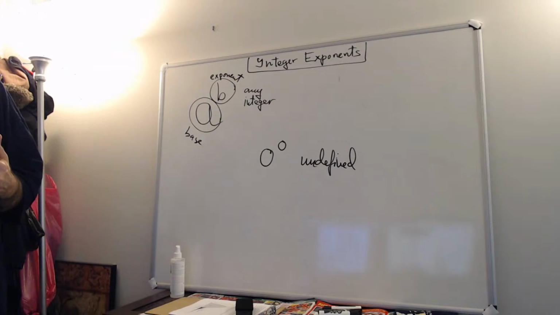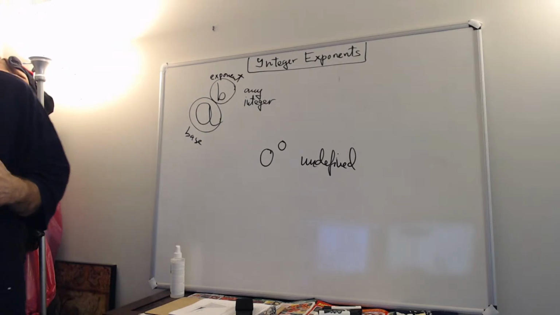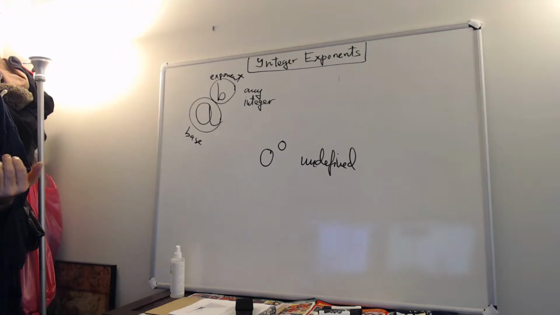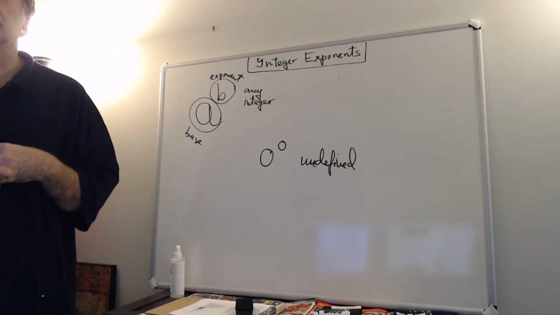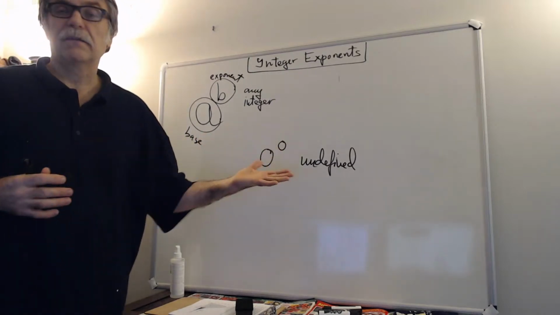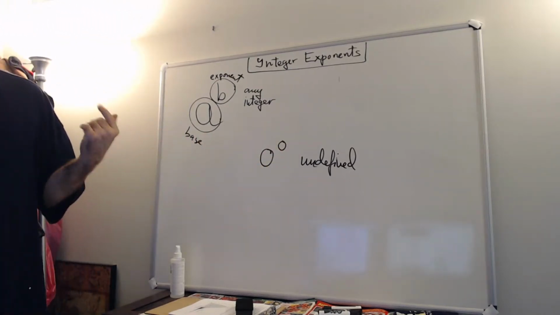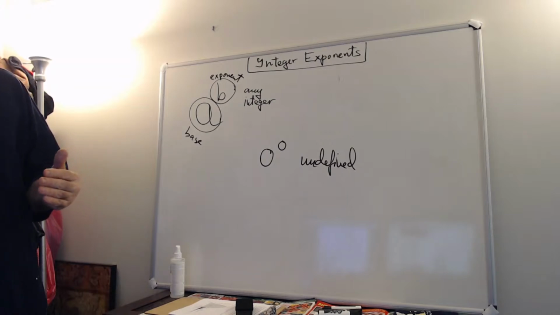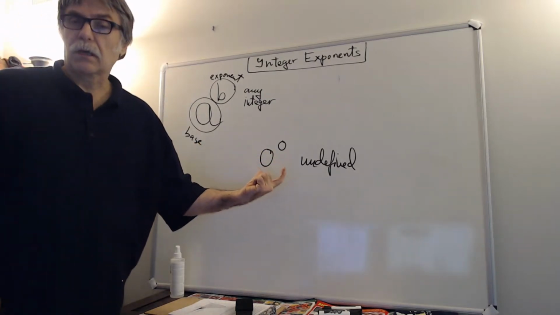Now, the important thing about that is that we have a reason why we do that. And the reason is in calculus. So if you want to know exactly why we call this undefined and not, let's say, a 0 or 1, I have to say to you, you're going to have to study calculus for that, and you will see the reason in calculus that we don't really want to make a call here.